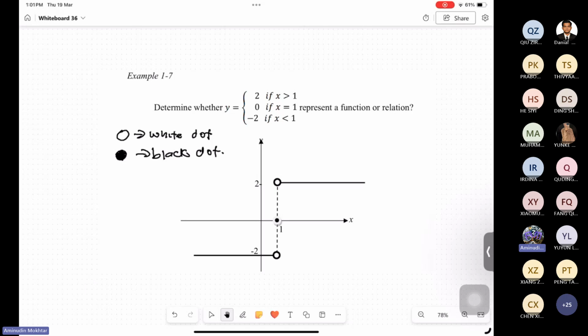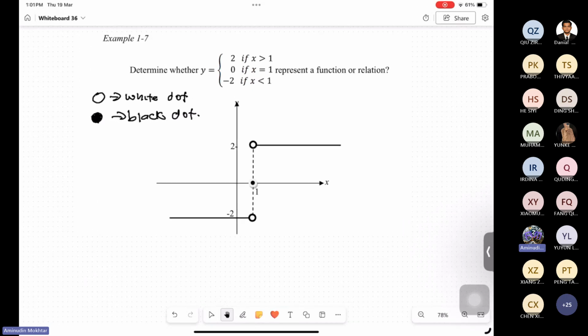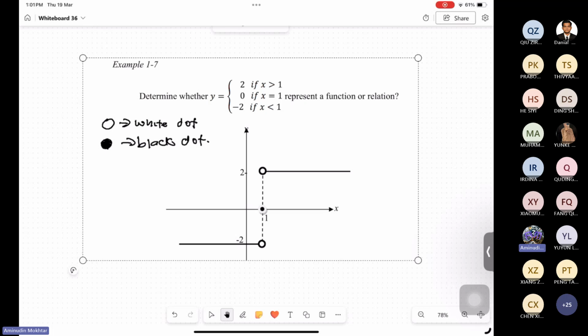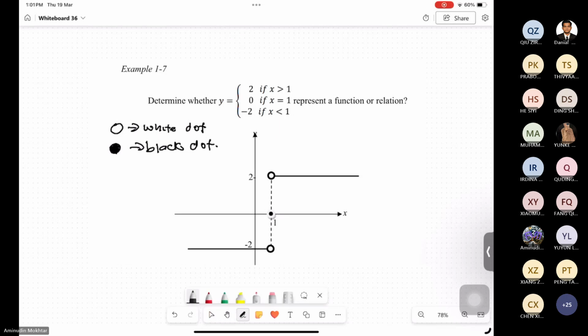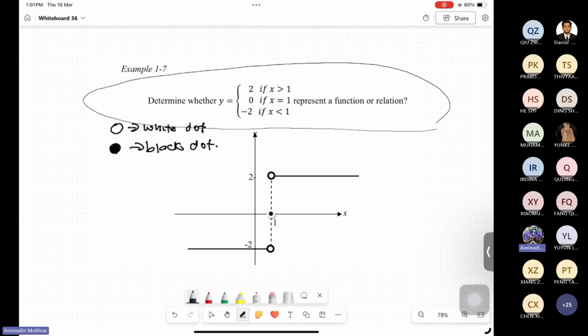Please refer to example 1.7. How to draw this graph? Basically, how to draw and to read this graph. I will show you how to draw this graph. I just need this equation only.